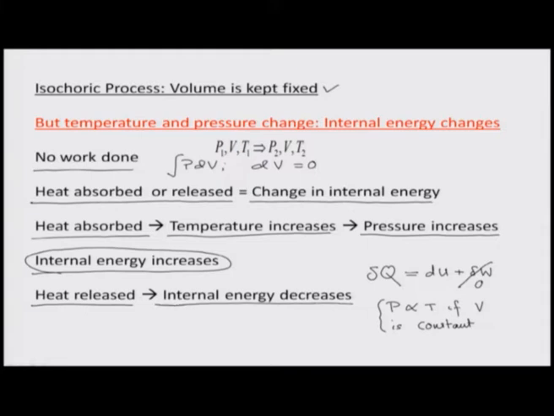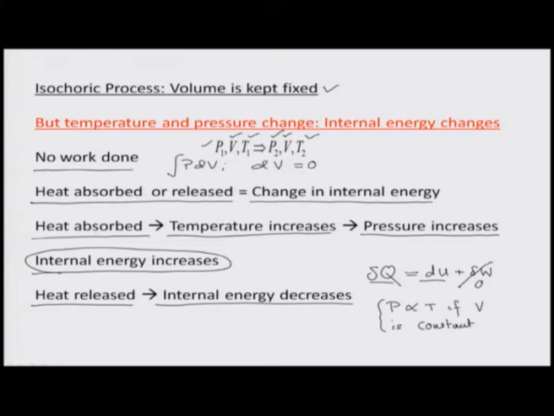So, again, repeat, isochoric process, volume is kept fixed, no work done. You are going from P1 V T1 to P2 V T2. Since no work is done, delta Q is entirely determined by dU.